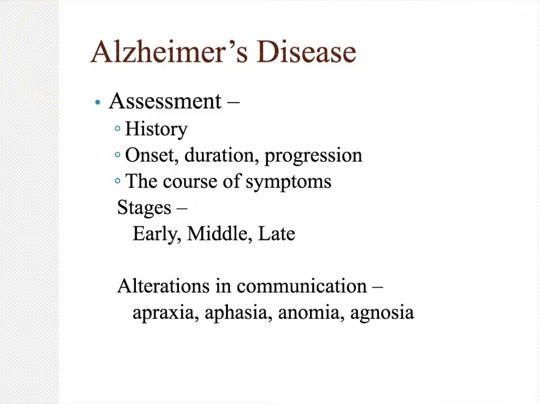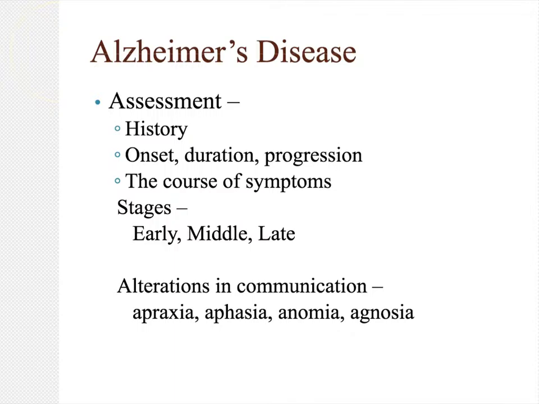But basically, if the patient meets all the criteria as far as early, middle, and late stages of Alzheimer's, they will go ahead and diagnose them with that. But it isn't until the patient is deceased and we do an autopsy that we can really see specific proof that that's what it is.